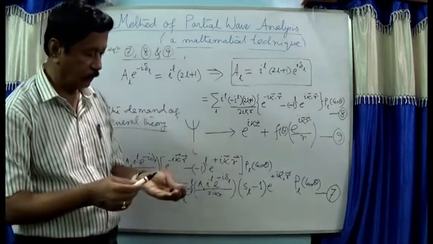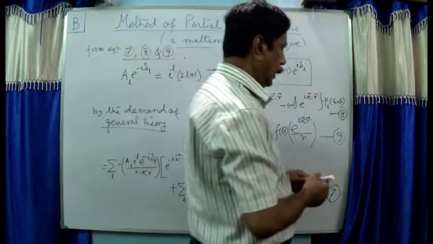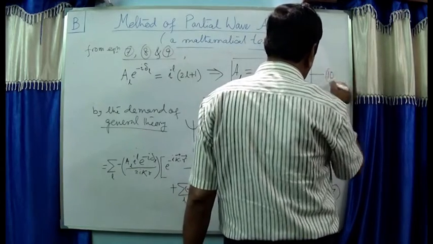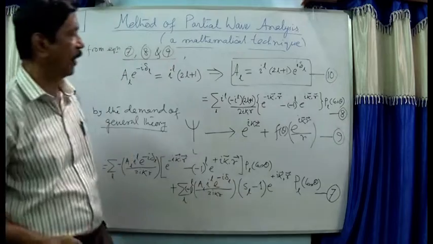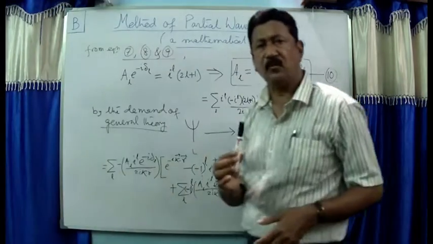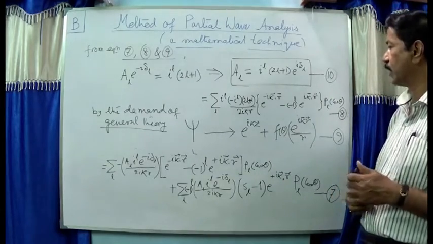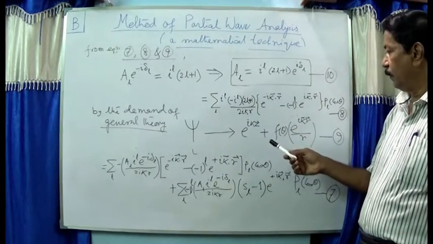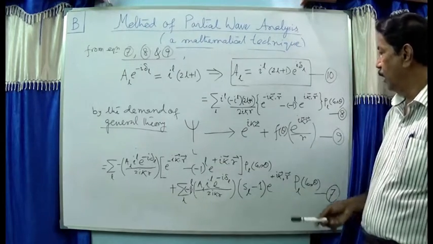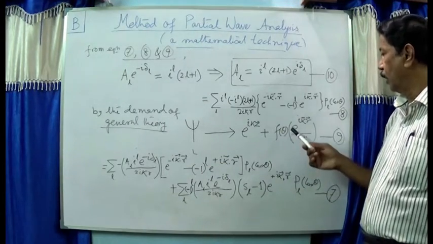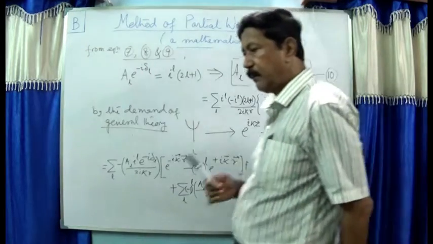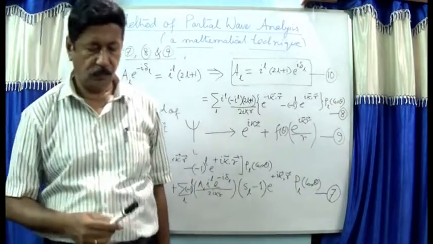Actually, this is the value of A_L. Let it be marked by equation number 10. Now, once you get the value of A_L by identifying the e to the power ikz and this thing, now we can also identify the value of f theta. Let us do that now.